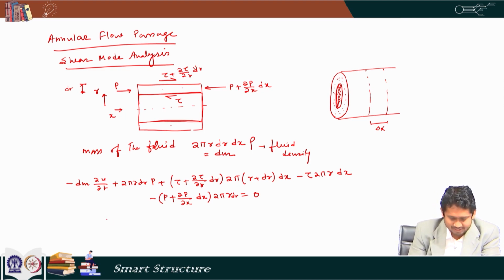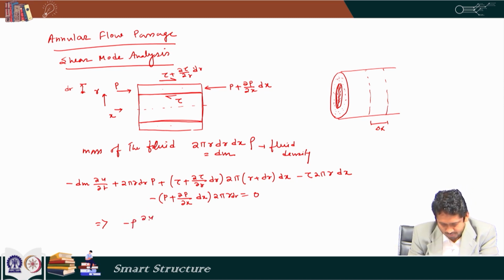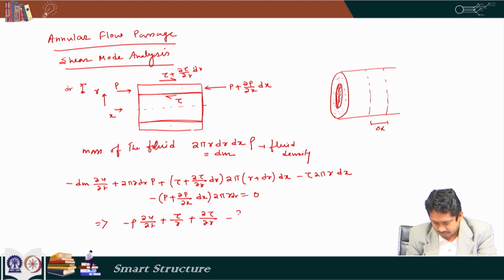And after doing that, finally the equation simplifies to minus rho del u by del t plus del tau by del r plus tau by r minus del p by del x.